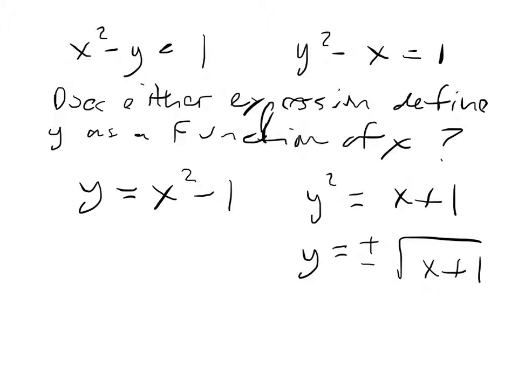Consider, for example, if I let 0 be an input. Then my output is either going to be positive 1 or negative 1. That means this rule assigns either 1 or negative 1 to an input of 0. Hence, the second expression does not define y as a function of x. It defines y as a relation of x.